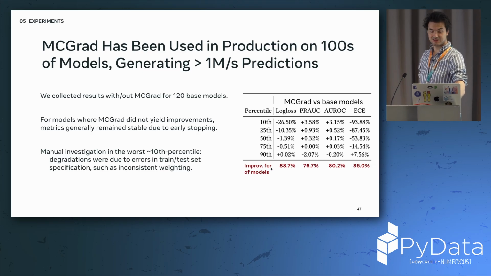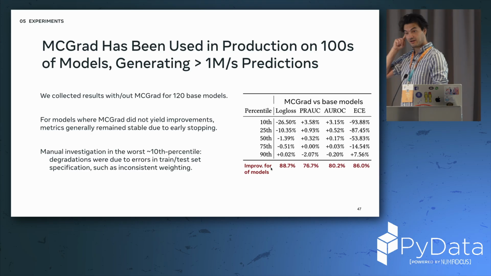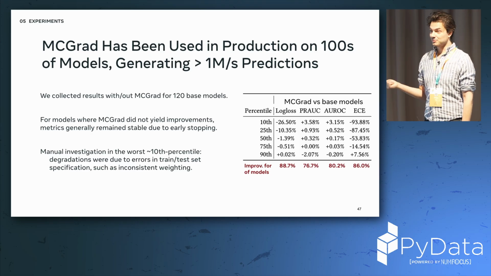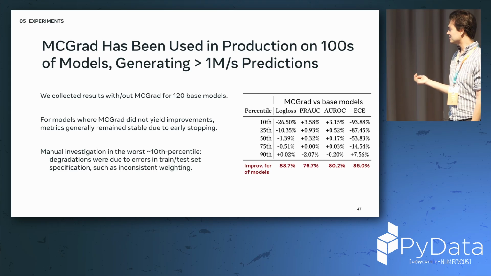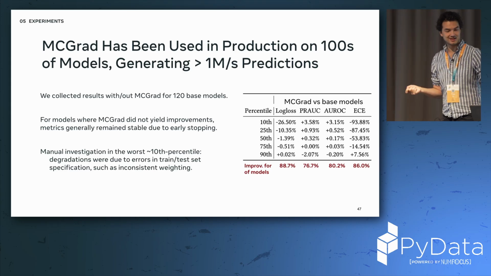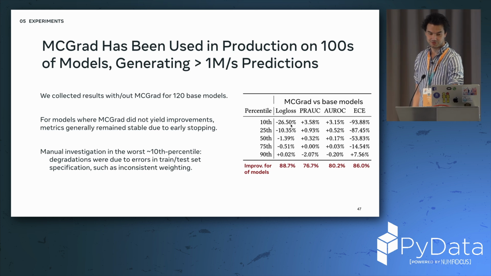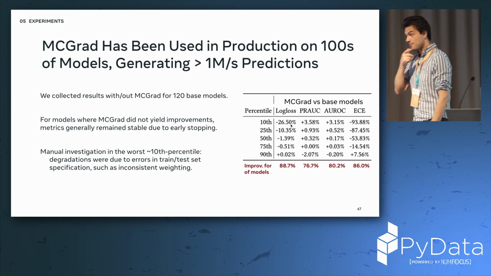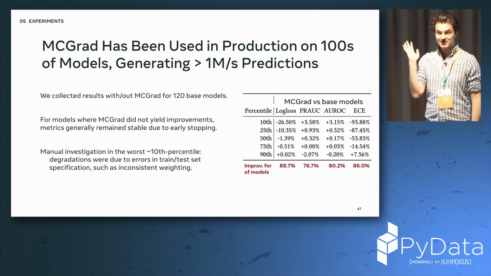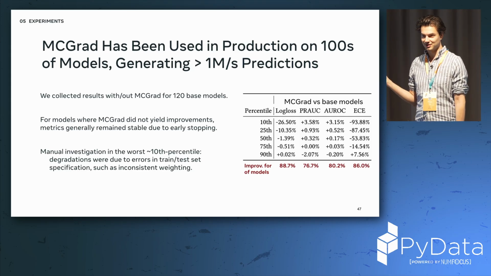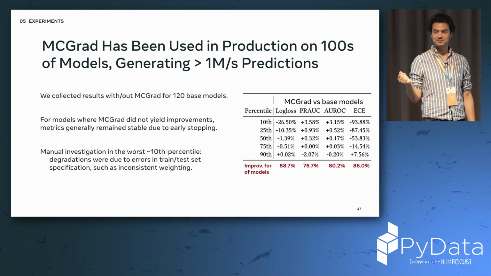In the cases where we didn't improve, typically they were basically the same. There was a small percentage, like 5% of cases, where it really seemed like we were still harming log loss or area under the precision recall curve. We did case studies on a bunch of those because we wanted to know what's going on and whether there is anything we can learn about further improving our algorithm.